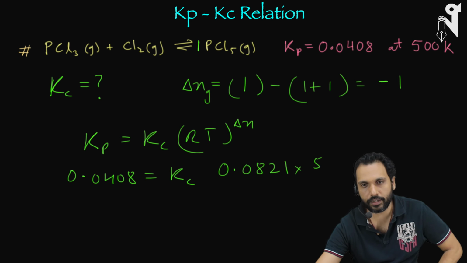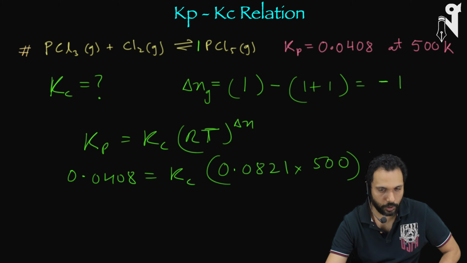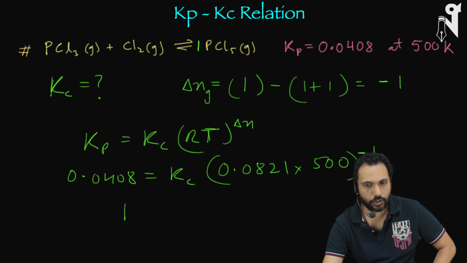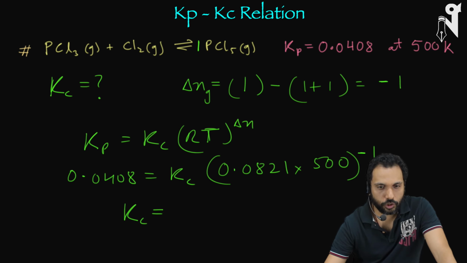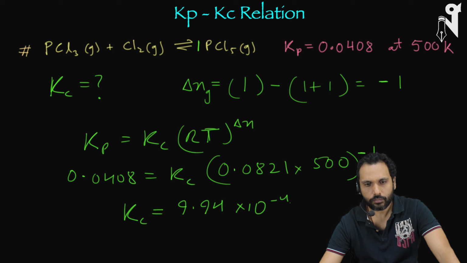Had it been given in degrees Celsius, you'll convert to kelvins and write T in kelvins, and then power minus 1. You'll pick up your calculator and get the answer, which is 9.94 into 10 power minus 4. So I hope you got that.